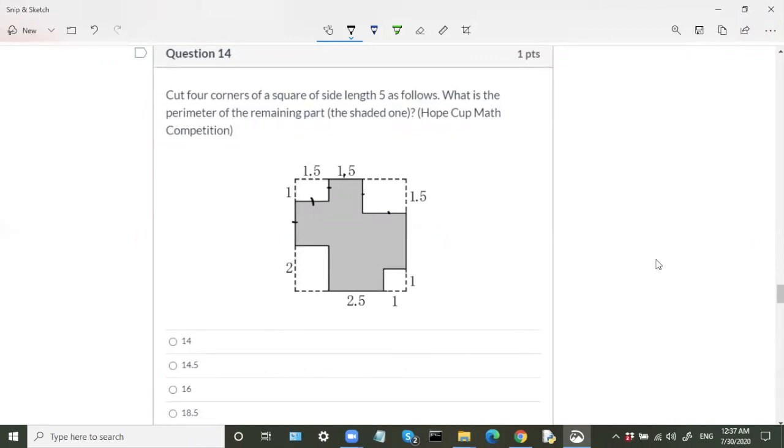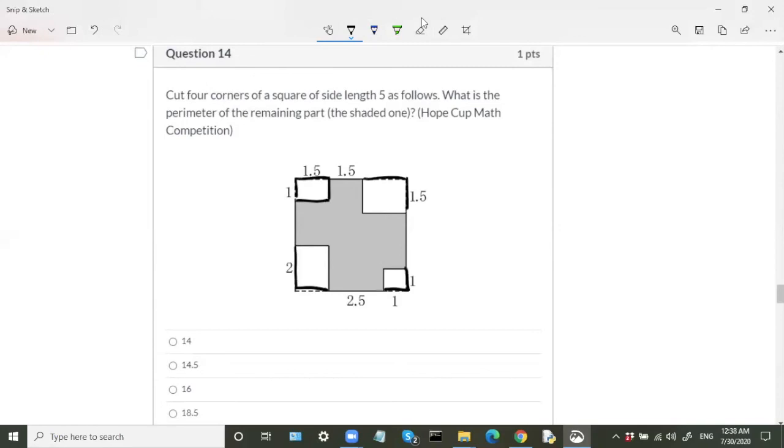But after we take another look at this figure, actually we can find out this length is the same as this, okay? And that length is the same as here. So also the same, right? So these two lengths actually are just equal to these two lengths, right? Also this one.